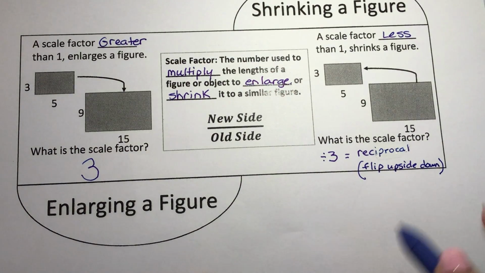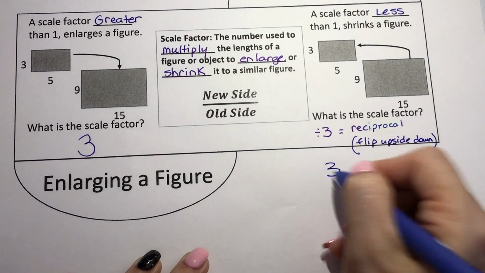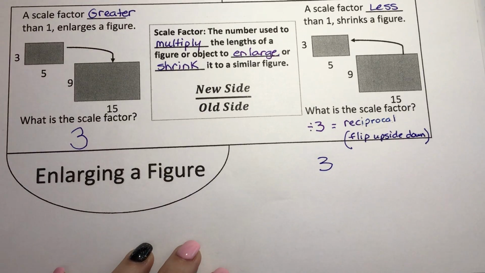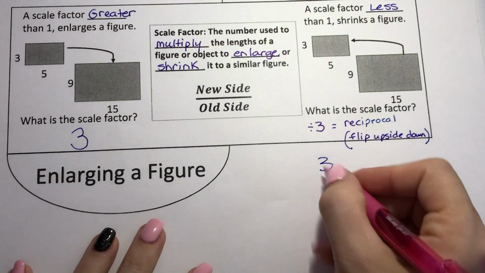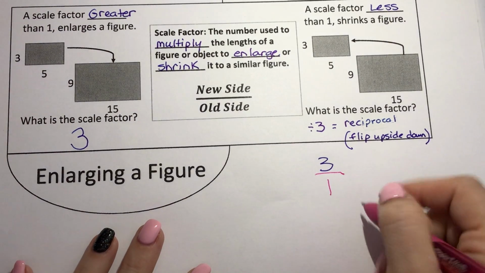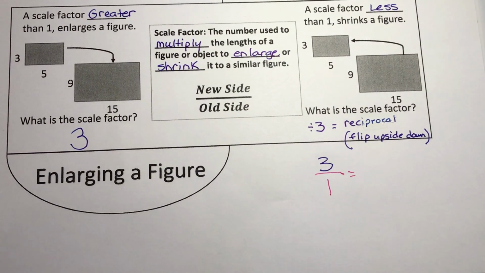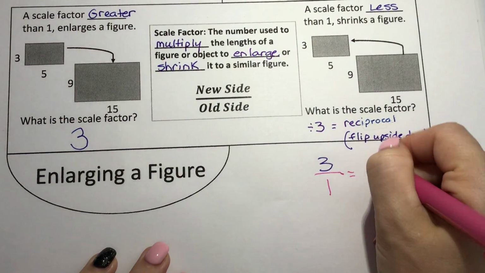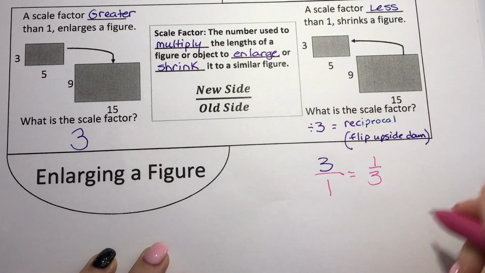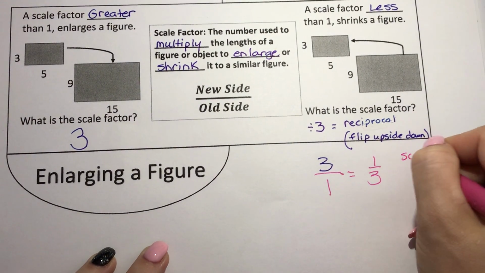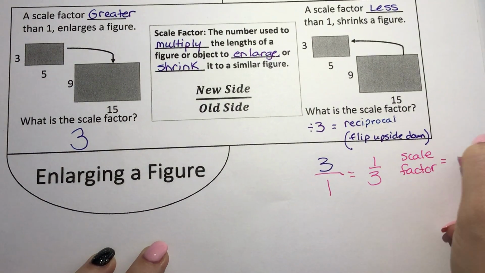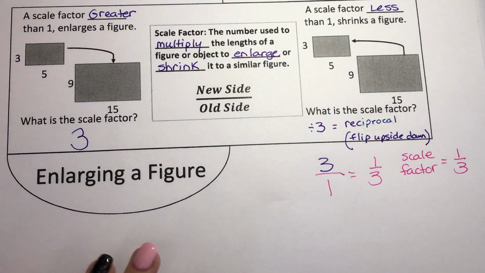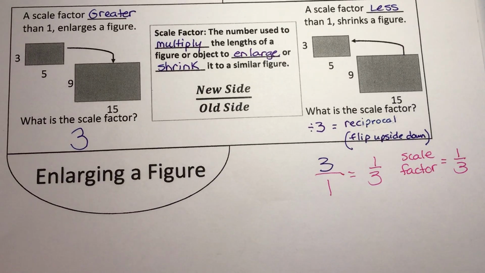So if I have 3, how do I write that as a fraction? 3/1. I put it over 1, right? So if I flip that upside down, what does it equal? 1/3. So that means the scale factor equals 1/3.